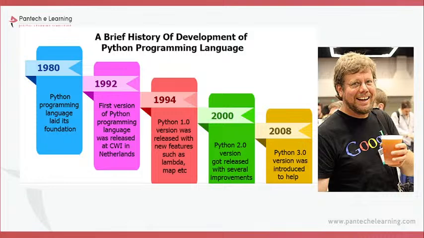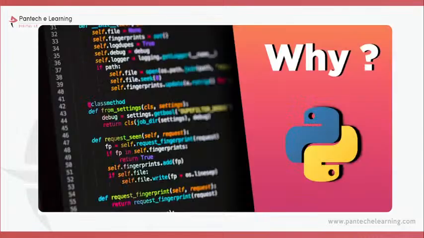The second version came with several improvements over the previous version, launched around 2000. And in 2008 the Python 3 version was introduced. They are ongoing, introducing new versions. Next, move on.